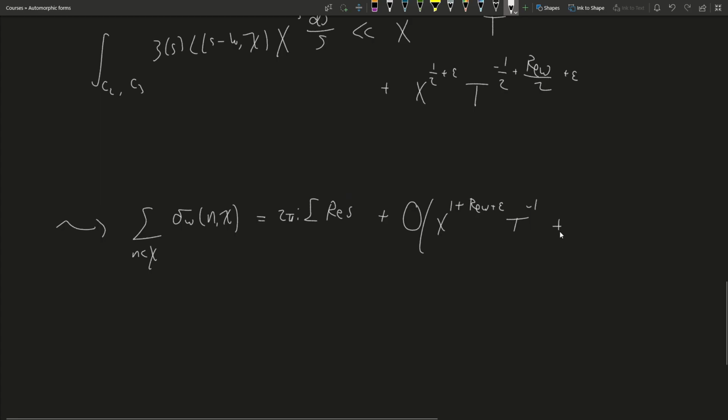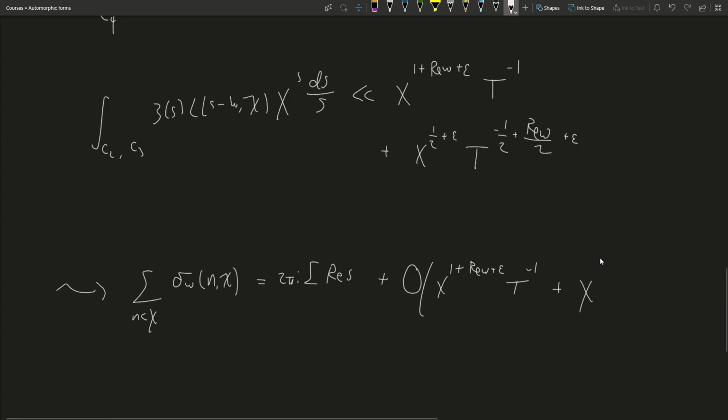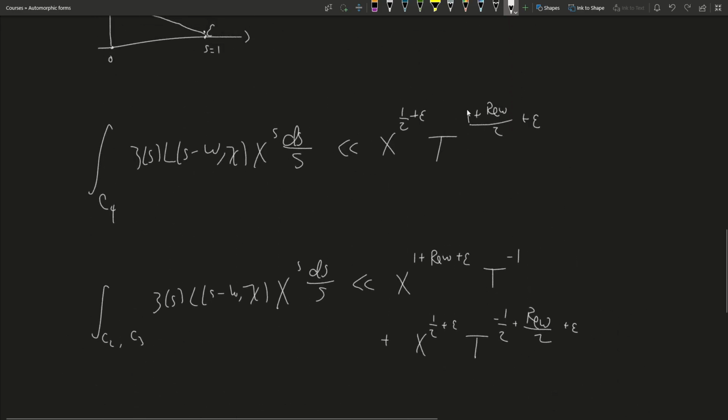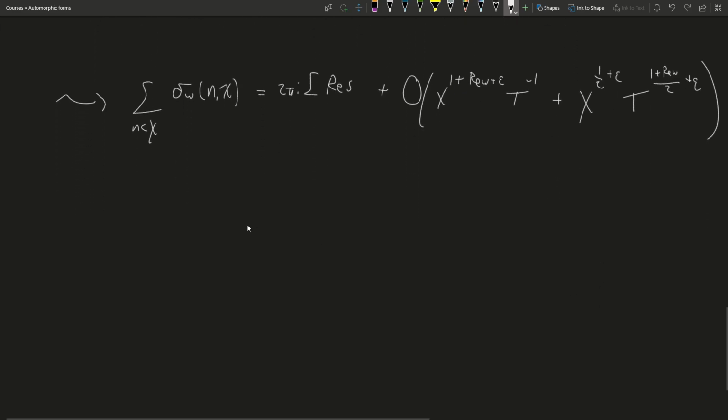And then we're going to get this contribution from C4 of x to the 1/2 plus epsilon t to the, then we had a 1 plus the real part of w over 2 plus epsilon. And we want to make these two error terms equal, so let's do that.